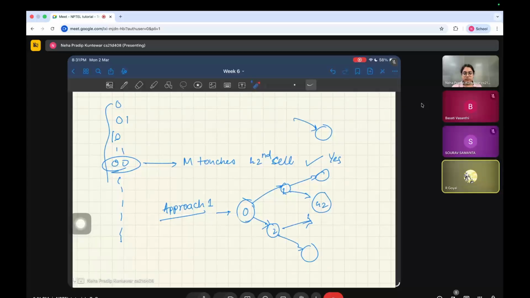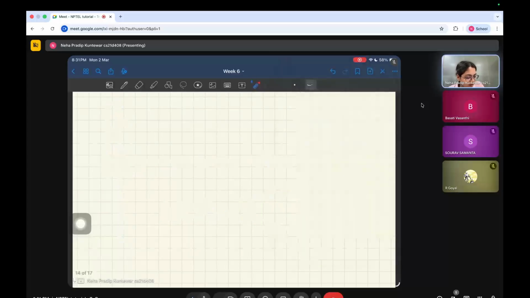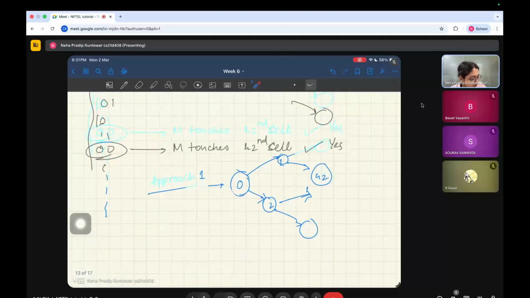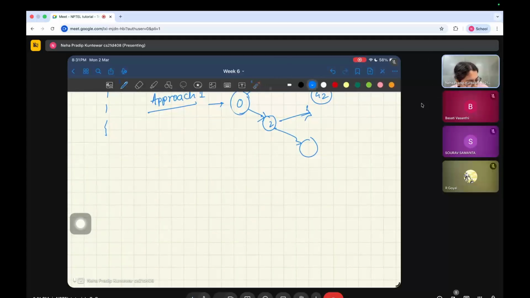Quite possibly we may not have the configuration corresponding to the 42nd cell in this tree at all. So this does not work. Maybe I'll not describe this further.